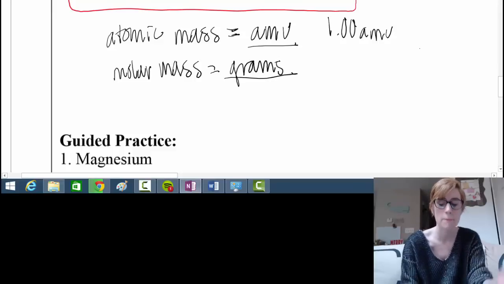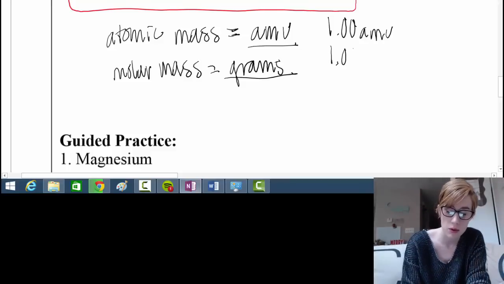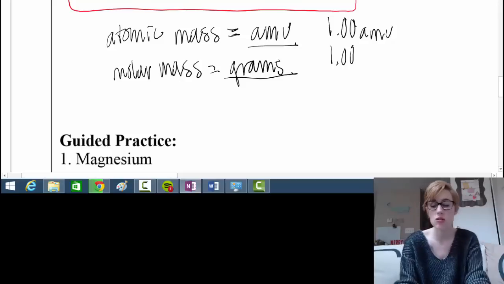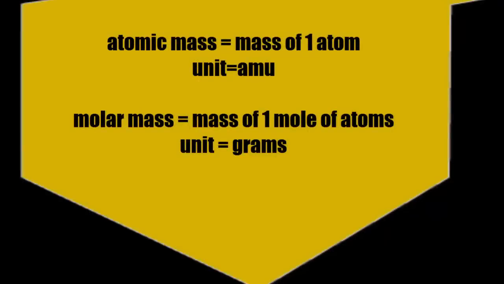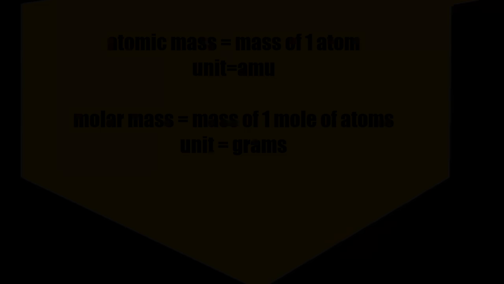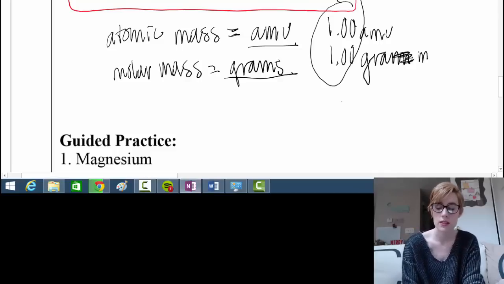Because we're talking about a mole of hydrogen atoms. So it's the same number, but instead of weighing 1 atomic mass unit, it weighs 1 gram. So atomic mass is always in AMUs and molar mass is always in grams. It's the same number, and you can find this number on the periodic table.